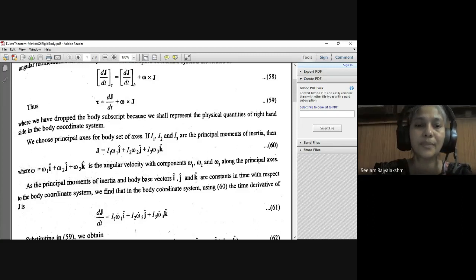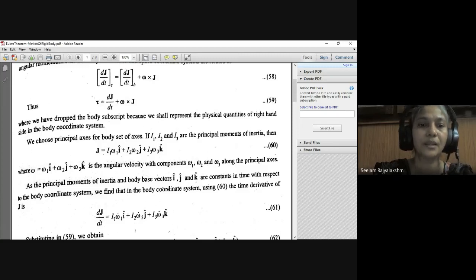As the principal moments of inertia and the body base vectors i cap, j cap, k cap are constant in time with respect to the body coordinate system, we find that in the body coordinate system, using equation number 60, the time derivative of J can be written as follows.